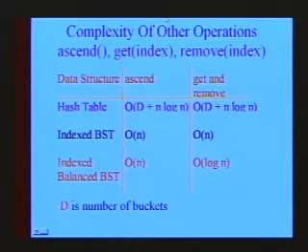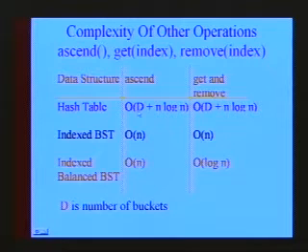If you look at the additional operations I've listed there, if you use a hash table and you want to list all of the entries in ascending order, here D is the number of buckets in the table. The only way to list the elements in ascending order would be to first go and find all of the elements in the table, and for that you'd spend at least D units of time going through all the buckets locating the elements.